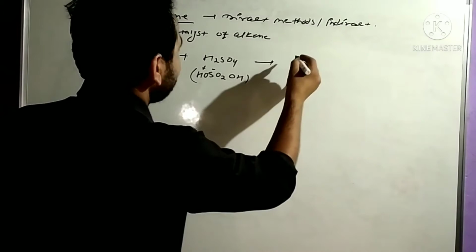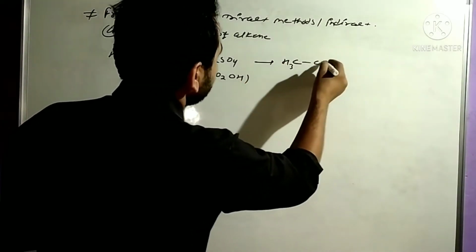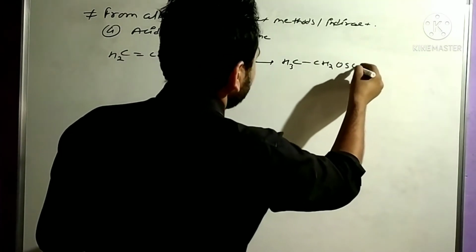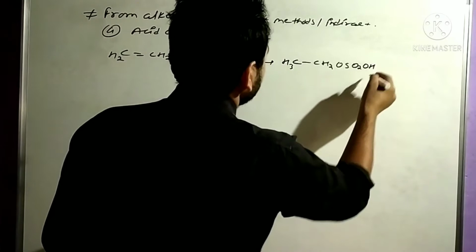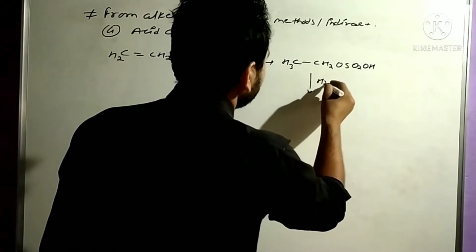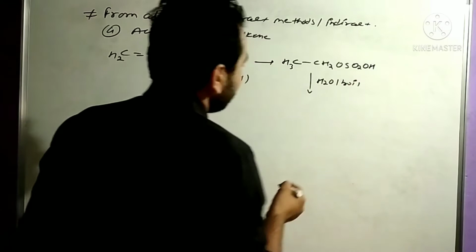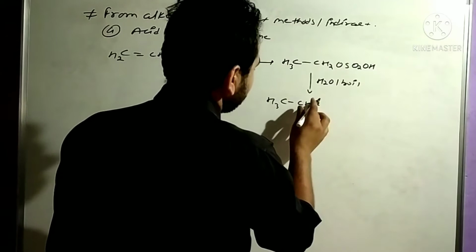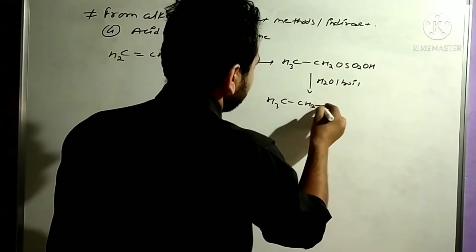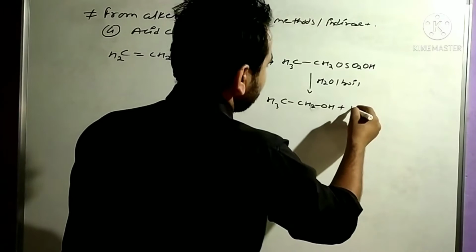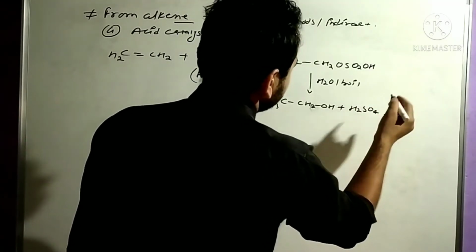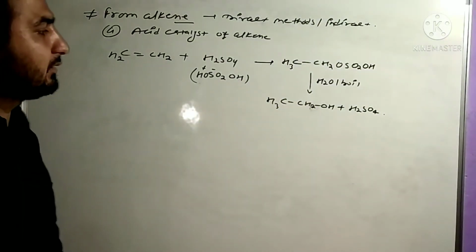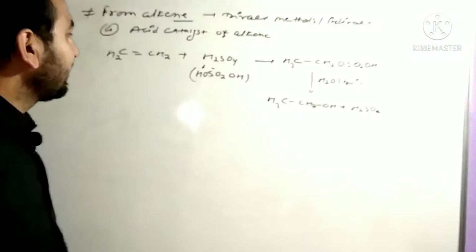So here you can write CH3CH2OSO2OH, and then you can boil it and you will get CH3CH2OH plus H2SO4. Clear? So now you will get your corresponding alcohol from any alkene.